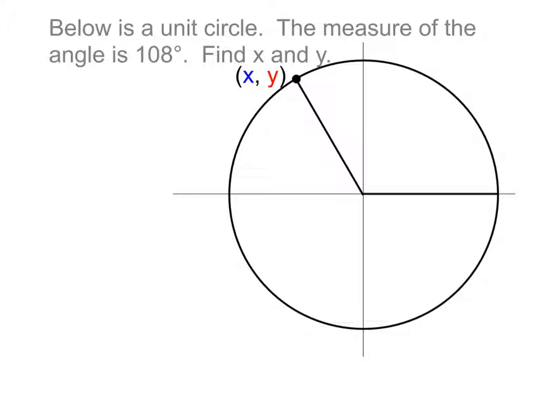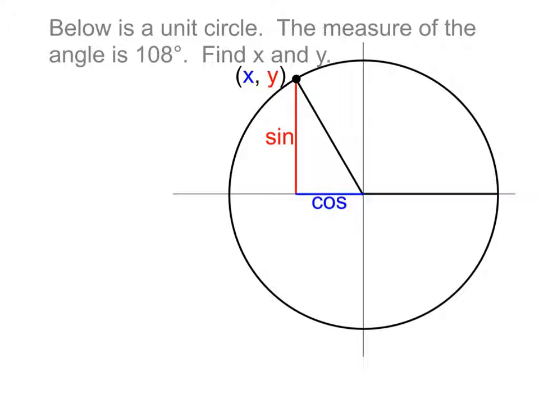If I'm looking for the coordinates of that point, I could go through the trouble of drawing in this triangle and dropping down the triangle, and then I could use that to figure out what the angle is in here in order to then find x and y. But I already know what I'm going to have to use based on the work we did earlier. I already know that for x I'm going to have to use cosine, and for y I'm going to have to use sine.